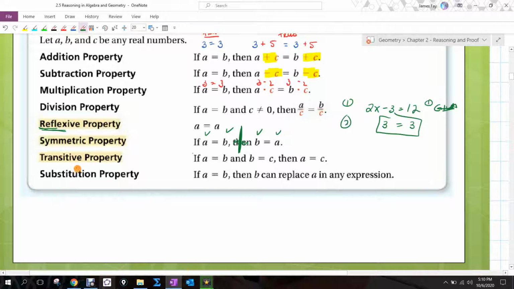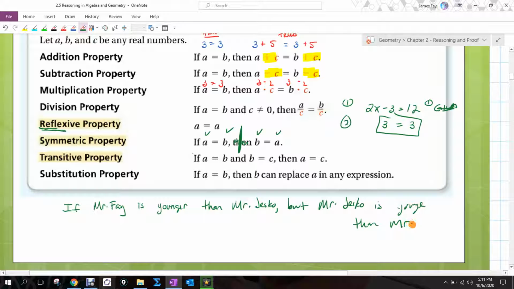Let's say if Mr. Fay is younger than Mr. Jesko, but Mr. Jesko is younger than Mr. Shine.